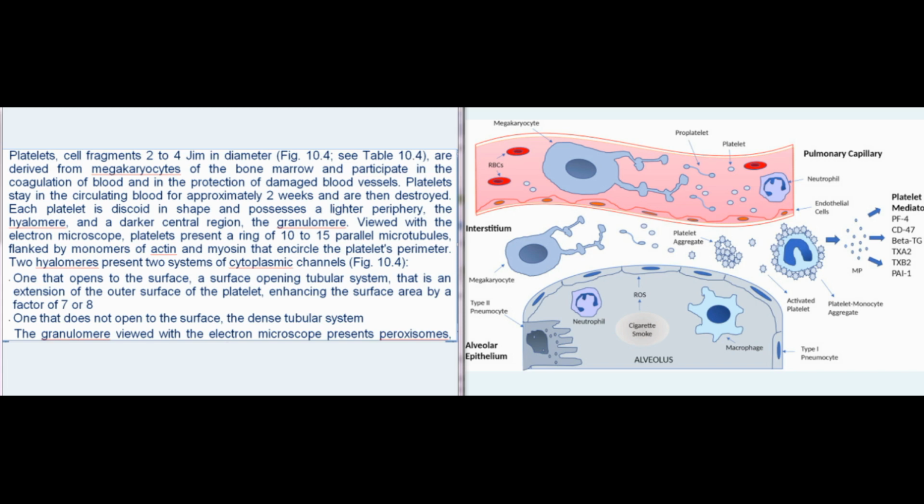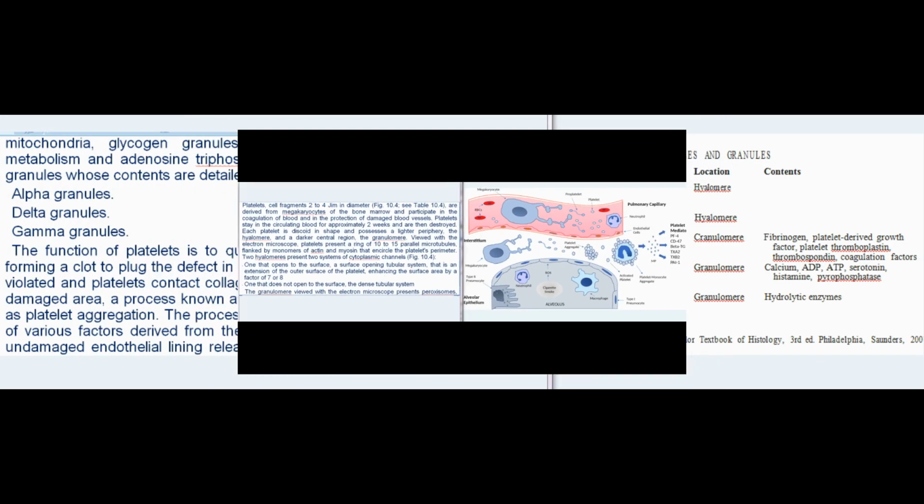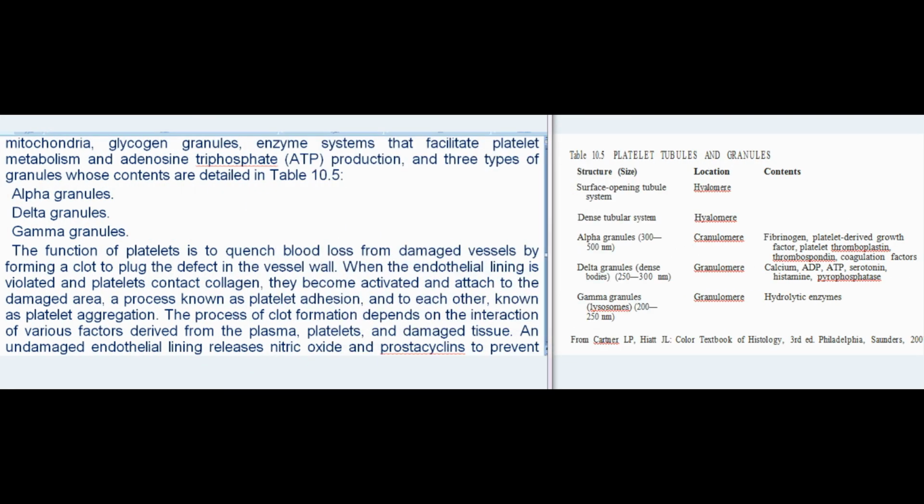The granulomere viewed with the electron microscope presents peroxisomes, mitochondria, glycogen granules, enzyme systems that facilitate platelet metabolism and adenosine triphosphate, ATP, production, and 3 types of granules whose contents are detailed in Table 10.5: alpha granules, delta granules, and gamma granules.